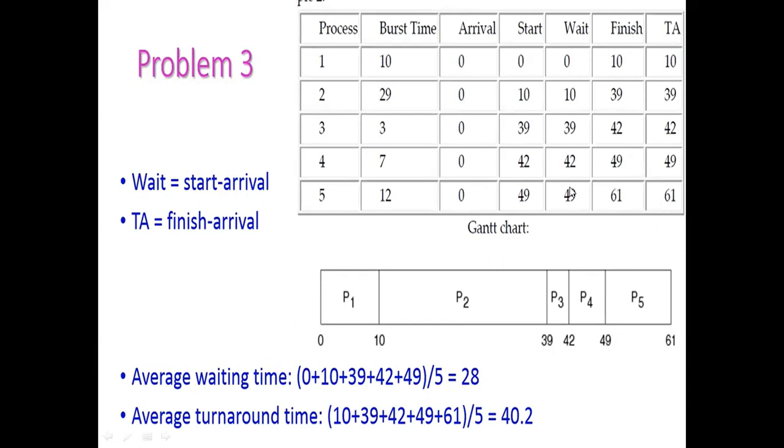To find the average turnaround time, we add all the turnaround times, 10 plus 39 plus 42 plus 49 plus 61, divided by 5, and we get 40.2 milliseconds. So here the 3 problems are solved. Whatever the process given with the given data, we need to find the waiting time and the turnaround time.